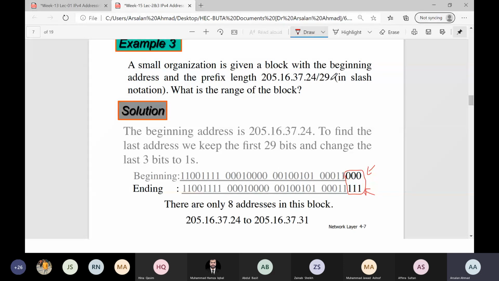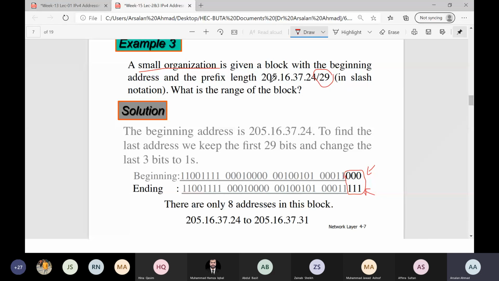Okay. Now again, start comparing and understanding the difference between classful and classless. What is the benefit that we are getting from this arbitrary length subnet? You see, this is a class C address. In the classful environment, imagine a small organization which only requires 8 addresses. It has to buy one entire class C address, 205.16.37.0, maybe something like that.